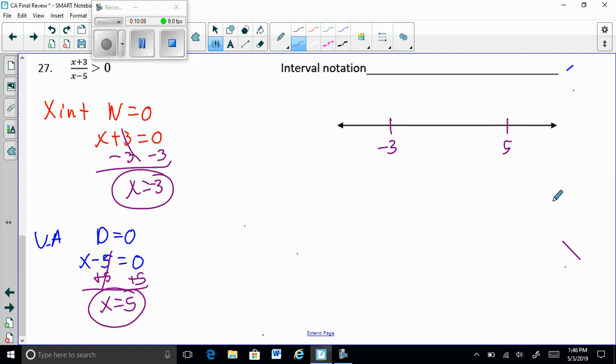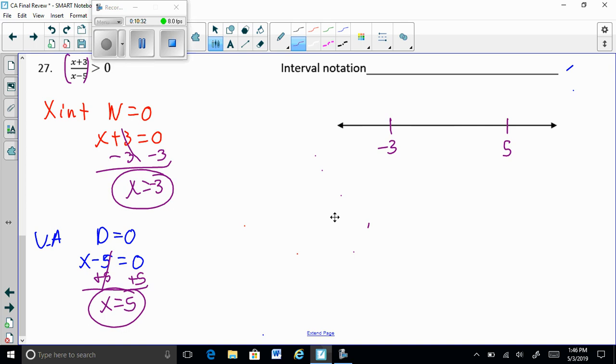All right. Now, as to whether you include them or not, for the x-intercept, sometimes the x-intercept can be included. Okay. When you plug in -3, it causes your expression to go to 0 because you get a 0 on top, and then on bottom you get -8. But anyways, that would simplify to 0.